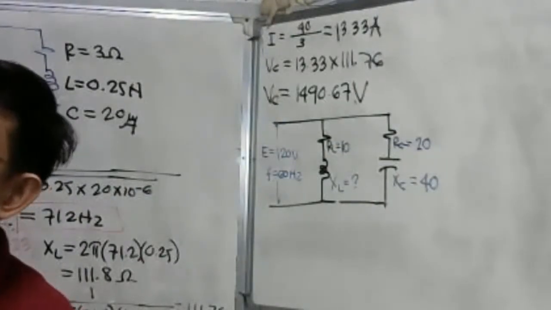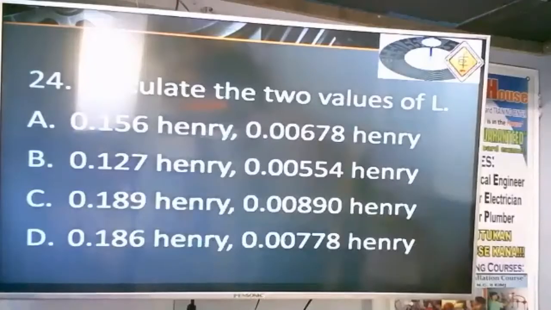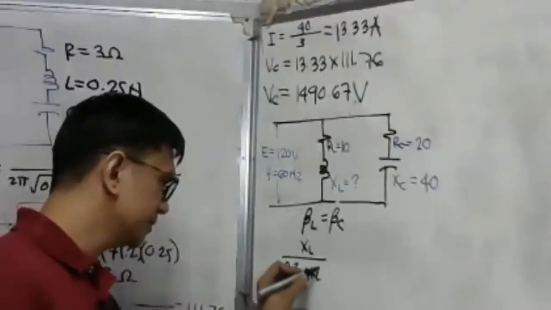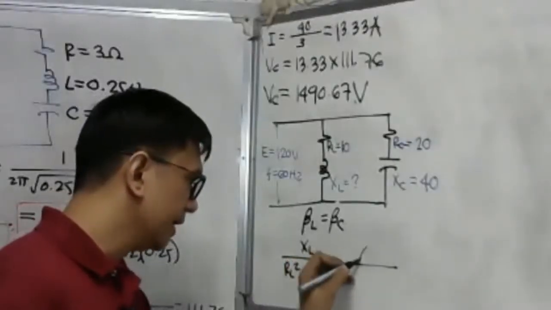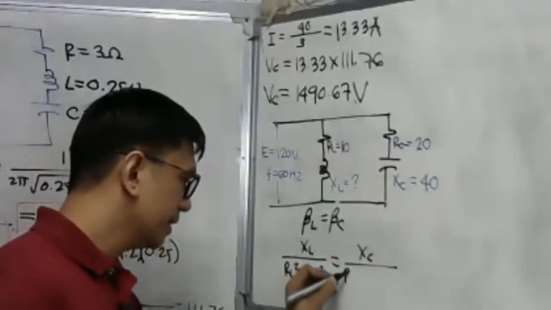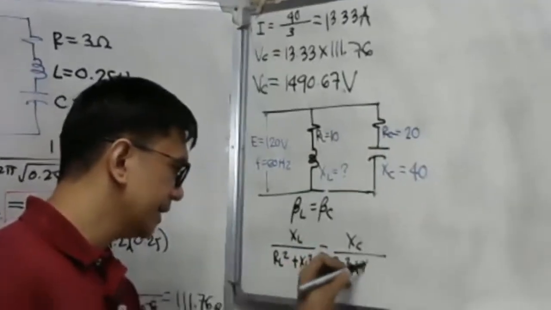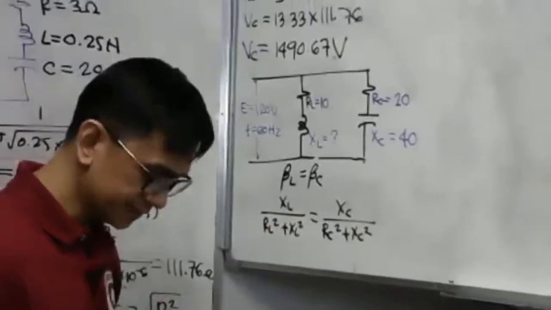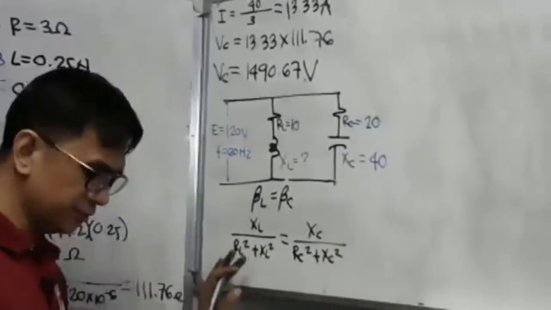Calculate the two values of the inductance. Take note that beta sub L is equal to beta sub C. We have X sub L over RL squared plus X sub L squared, equal to X sub C over RC squared plus X sub C squared. We just have to substitute.